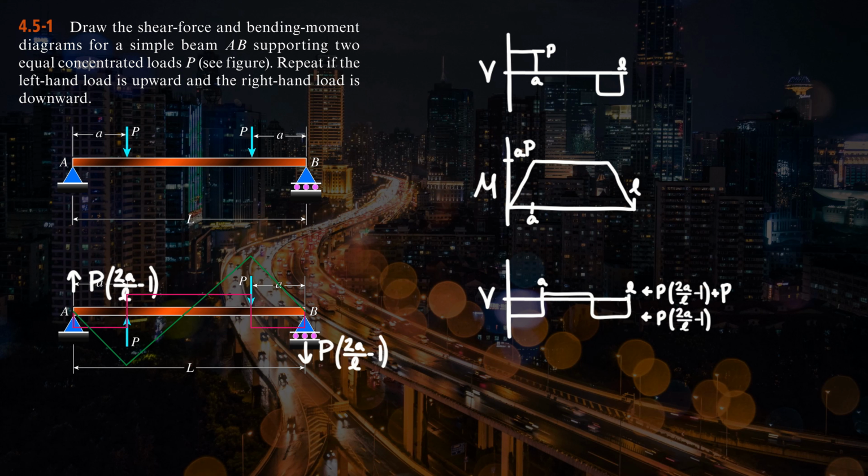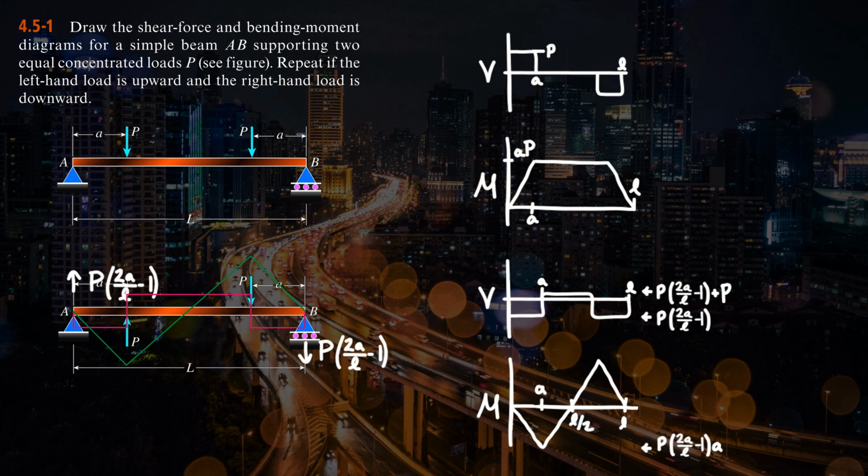And then once we reach this point, now we have our new height, which we solved symbolically. We said P multiplied by 2a over L was the height between C and D, and so that's going to be our new slope, and then we can follow it down towards the bottom, and we get our new moment. And you can again say, okay, how do I know the actual magnitude of my maximum and minimums here?